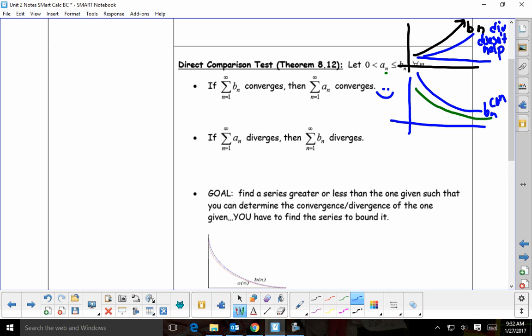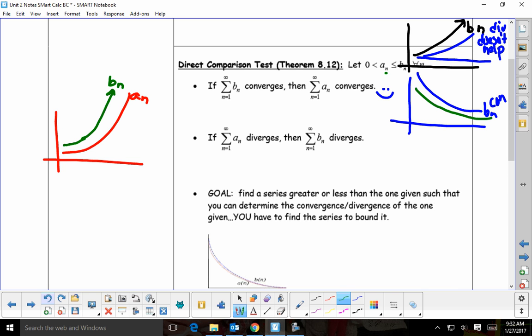Let's look at the other one over here. Now it says that a sub n, which is the smaller one, diverges. So there's my a sub n. And if b sub n is always bigger, what is it going to do? I can't cross it, right? Can't do that. So it also has to diverge.